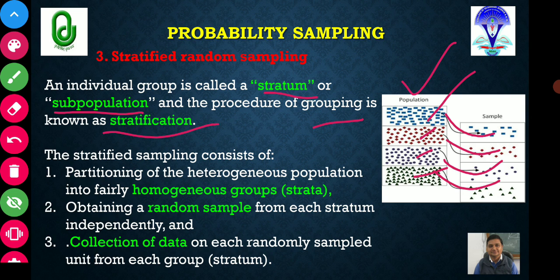So this is called stratified random sampling. Stratified random sampling consists of partitioning a heterogeneous population into fairly homogeneous groups, that is strata, then obtaining a random sample from each stratum independently, and then collecting data from each of these individuals. So this is about stratified random sampling.